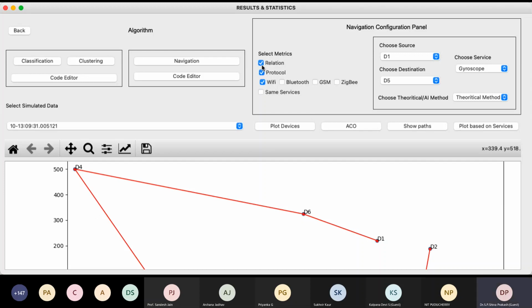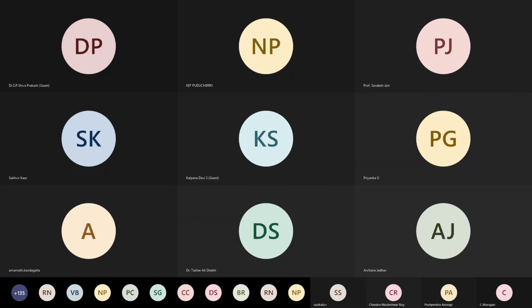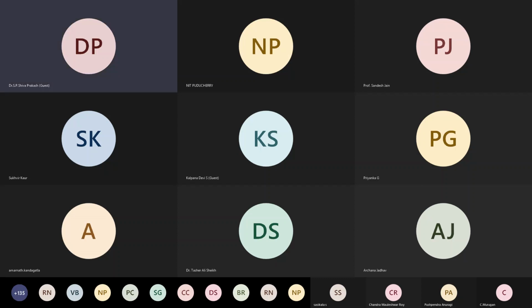In fact, that's the reason we have provided 3 interfaces for this simulator.